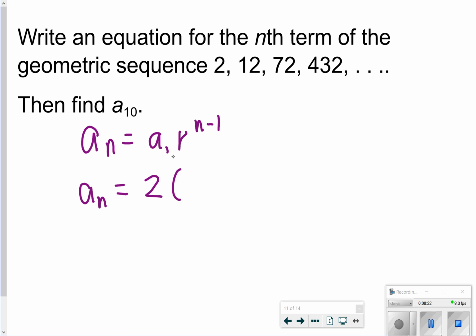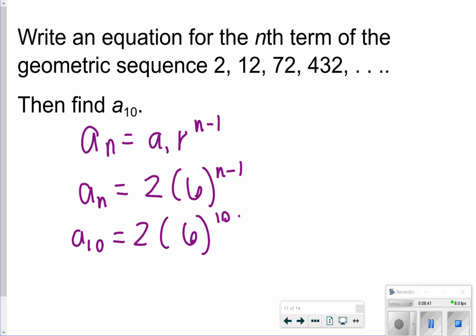R is the common ratio, and in this sequence I'm multiplying by 6. So my R is 6, and then I would just keep n minus 1 if I'm trying to find the nth term. Now I want to solve for A10, so I would write A10 is equal to 2 times 6, and then this n now changes to a 10, so 10 minus 1.